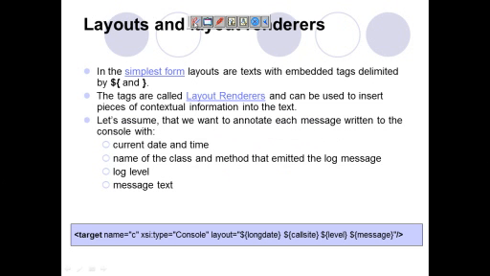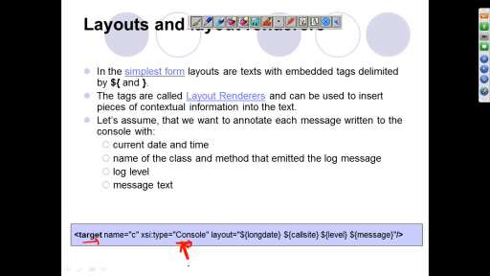Now you can see layout and layout renderers. With the target, you can set how your log will be saved, in what format or in what layout it will be saved. By default it has some specific layout, but you can define your own also. Here in the target element you can see the type, which we already discussed. It is console, so your messages will be displayed on the console.